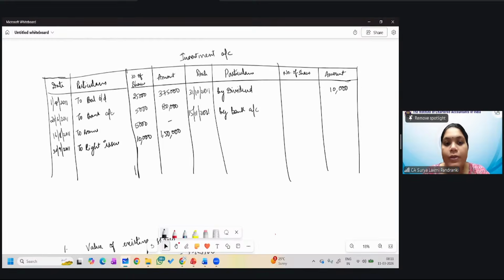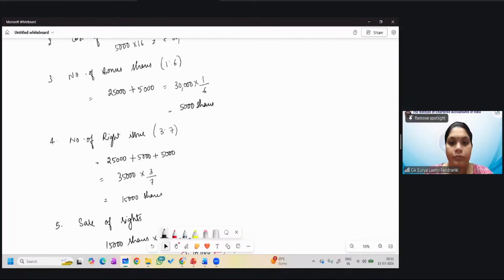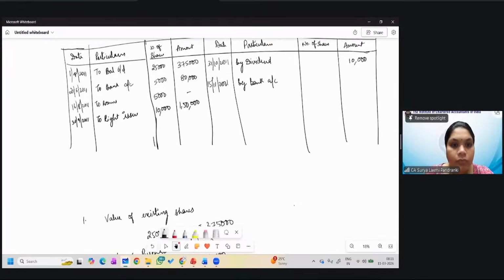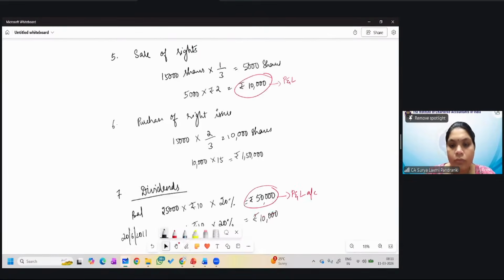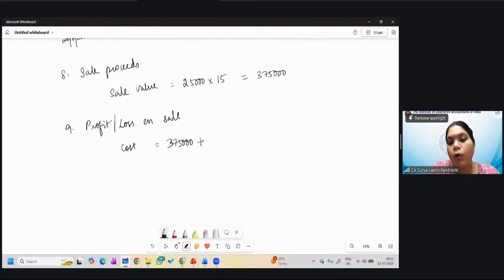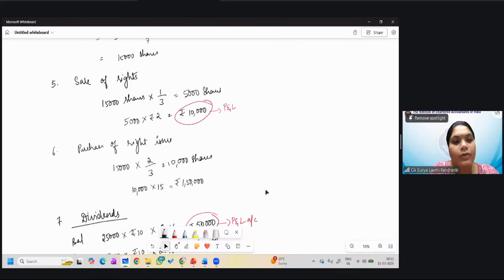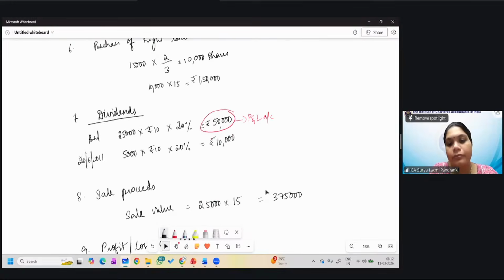Can you see the four values? ₹6,05,000, ma'am. 3,75,000. And there was no cost for bonus. But what was the cost for the second one? 3,75,000, 80,000 and 150.